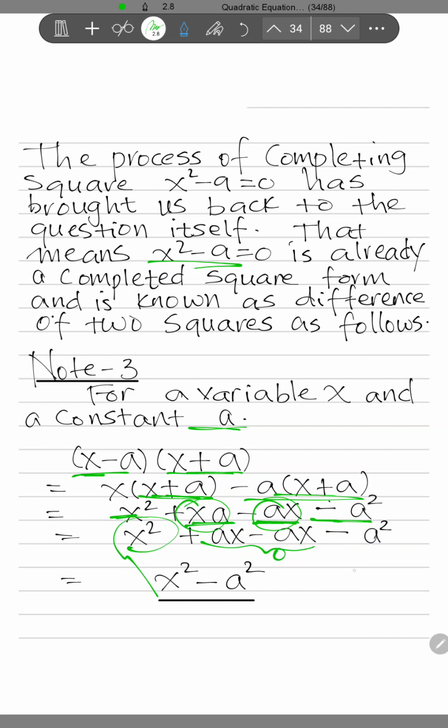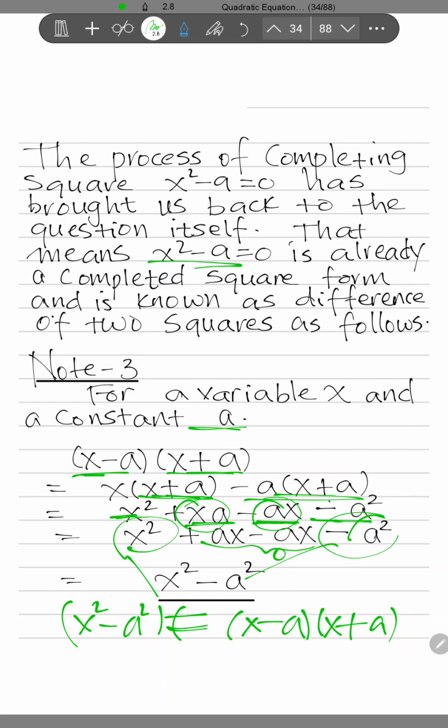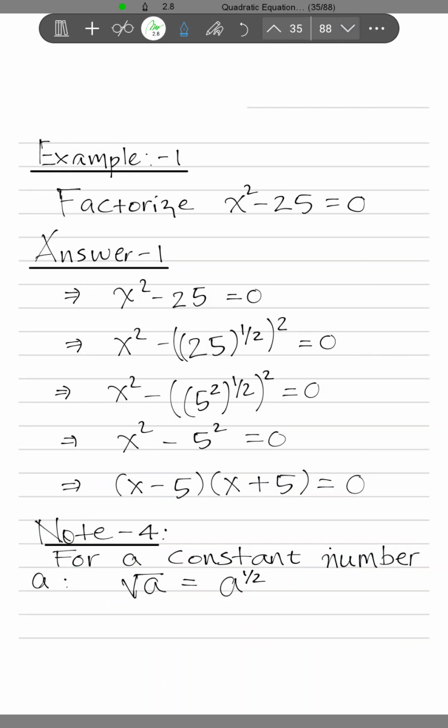So we have x squared minus a squared. So x squared minus a squared is equal to x minus a times x plus a. This is one of the definitions of the difference of two squares.